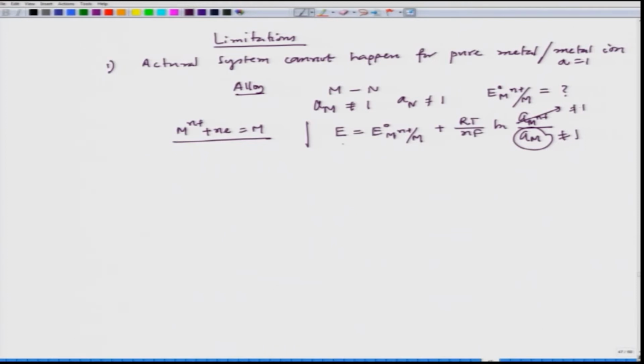So in that case we cannot find this out. In that case this standard reduction potential would not exist.